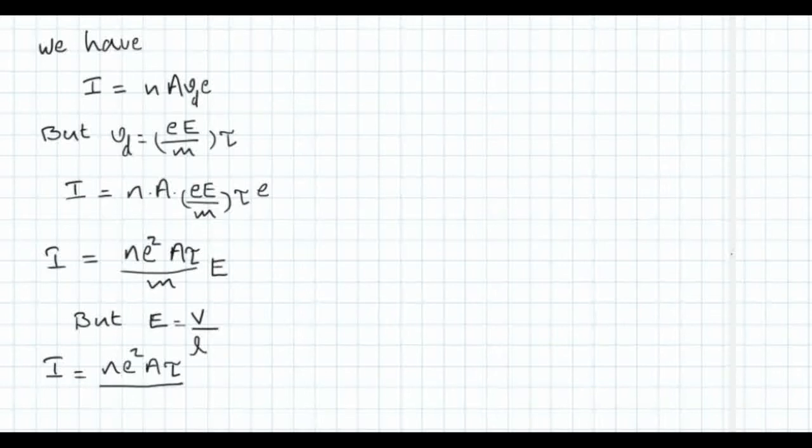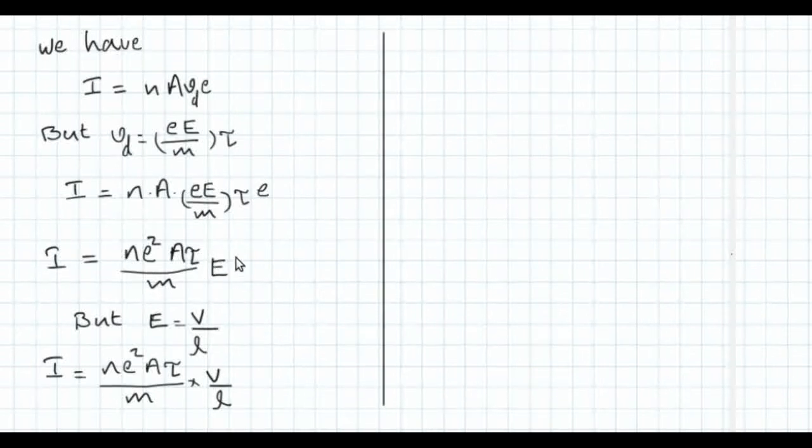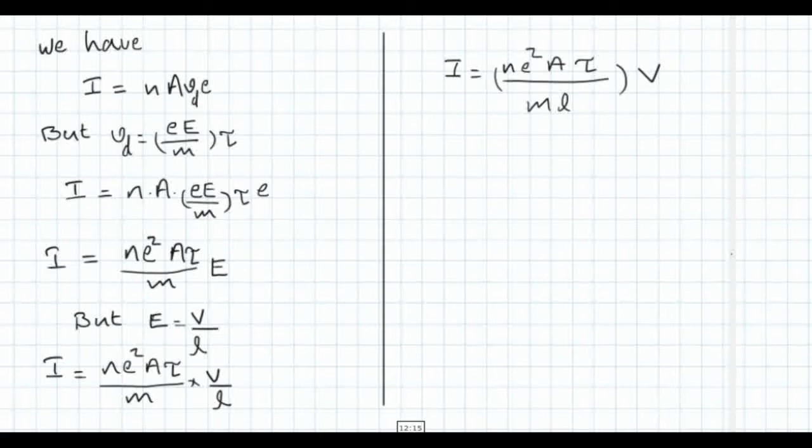Therefore I is equal to N E square A tau by M into, in place of E we can write V by L. So the strength of the electric field E is replaced by V divided by L. Then we can rewrite this current as I is equal to N E square A tau by ML into V.